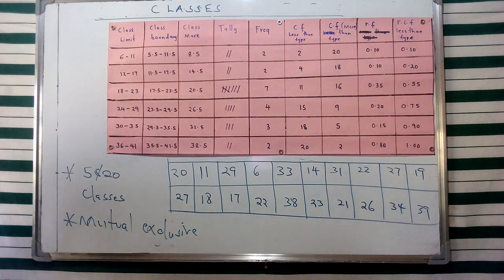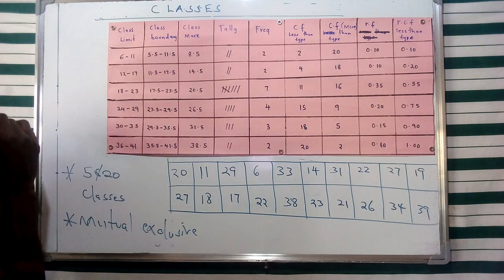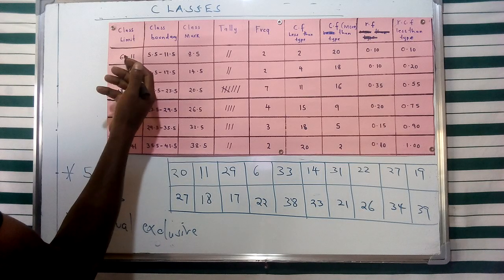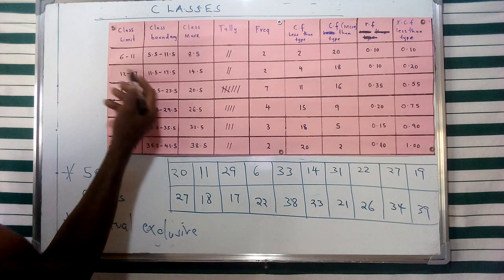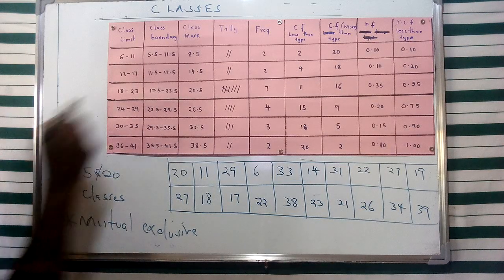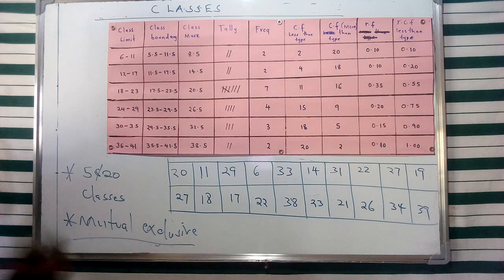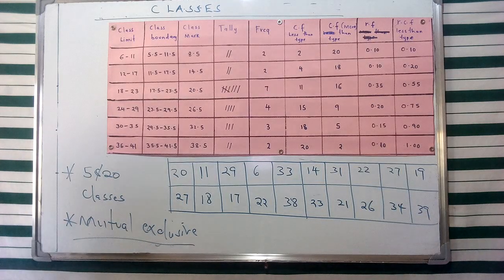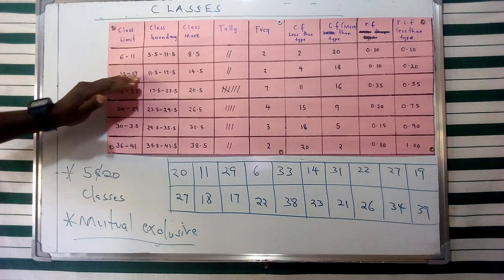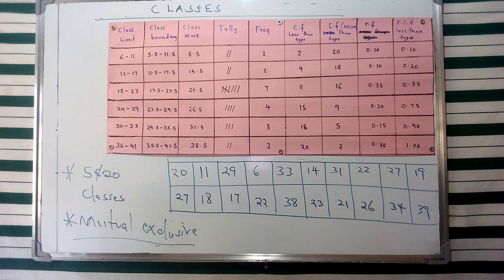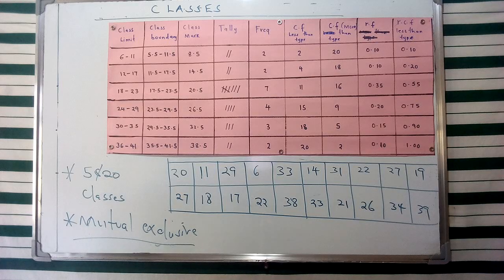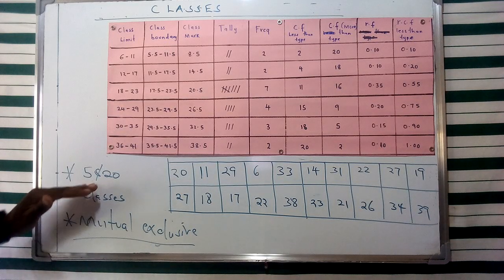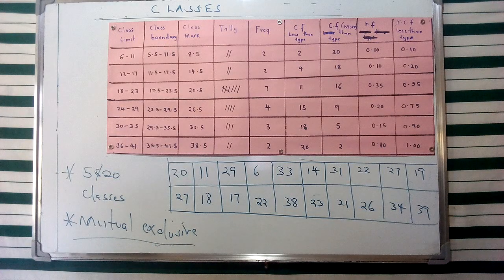So if we have 6 to 11, this first class covers the range of values between 6 and 11, and none of these values is going to be given in a second class of 12 to 17. So this entails mutual exclusivity, in the sense that no single value can be given in two different classes, and that is another rule, apart from the number of classes, which we have to adhere to. The next one is that these classes have got to be inclusive.